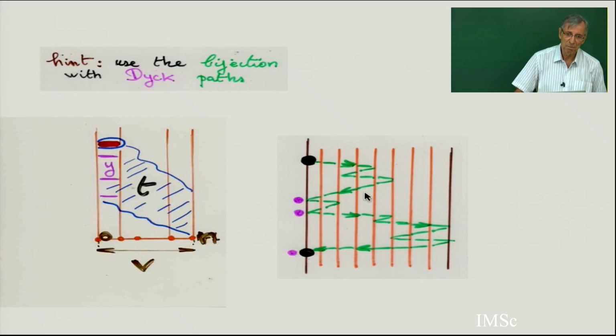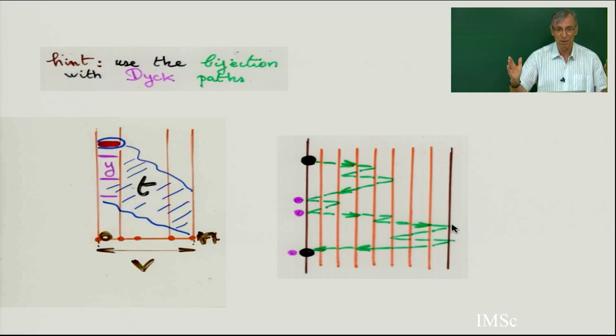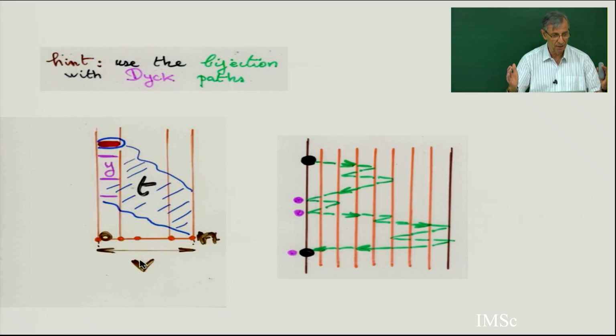So the idea, maybe I give you more hints, is when you take a Dyck path like this, take the first time you are touching, because the Dyck path must touch this level. The pyramid has width n, which means the Dyck path is bounded by n, but it's touching the level n.